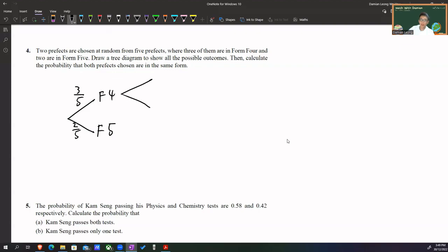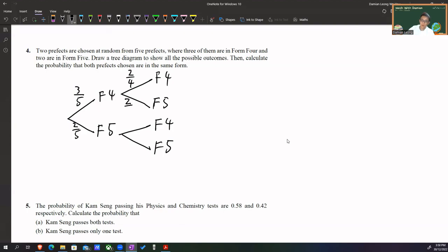Then I choose another student. It can also be Form 4 or Form 5. Same goes if I choose Form 5 first, the second one can be Form 4 or Form 5 as well. So after choosing one Form 4 student, I'm left with 2 Form 4 students and 2 Form 5 students. So probability of choosing a Form 4 student will be 2 out of 4 of them left, because 2 Form 4 and 2 Form 5.